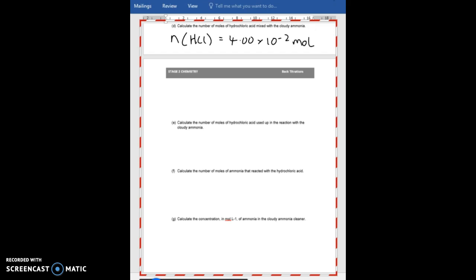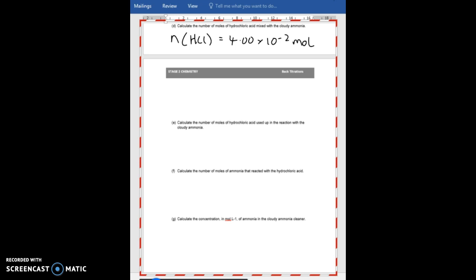Okay, so now we're up to part E. Calculate the number of moles of hydrochloric acid used up in the reaction with the cloudy ammonia. Here we're looking at the amount of HCl that was actually used at the beginning minus the excess amount of hydrochloric acid, and that tells us how much actually reacted with the cloudy ammonia.